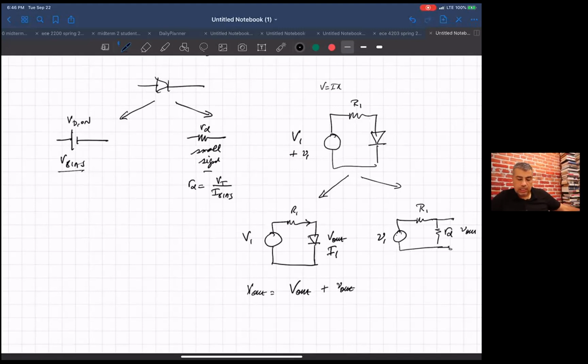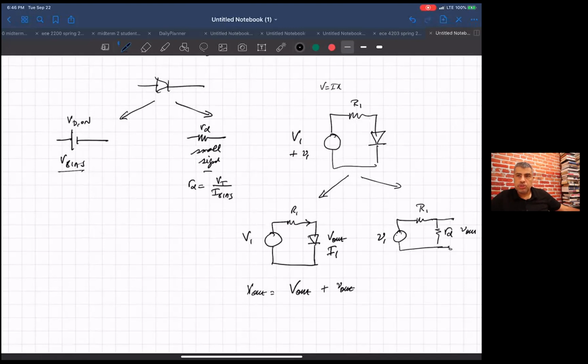And we'll see in the next few lectures how this is much easier to do the calculations than, again, using all the exponentials and natural logs, etc. So anyway, that's where I'll stop now.